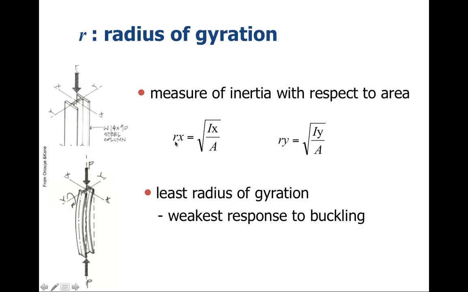So we have R sub x equal to the square root of I sub x over A, versus R sub y, which is the square root of I sub y over A. The least radius of gyration represents the weakest response to buckling, or the place that buckling is most likely to occur.